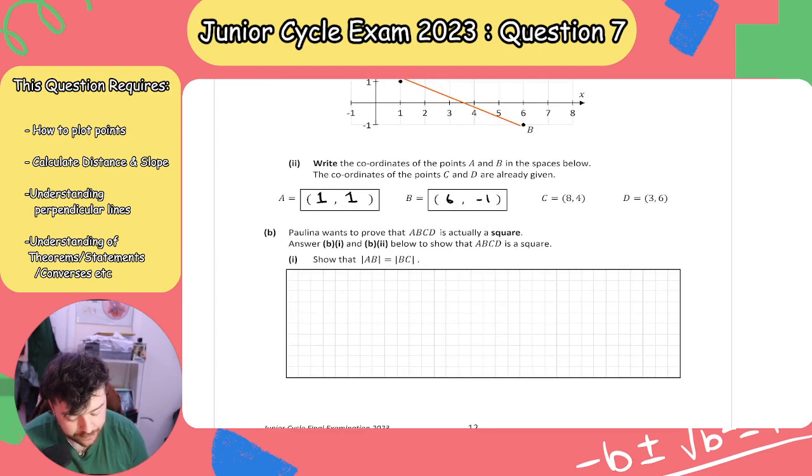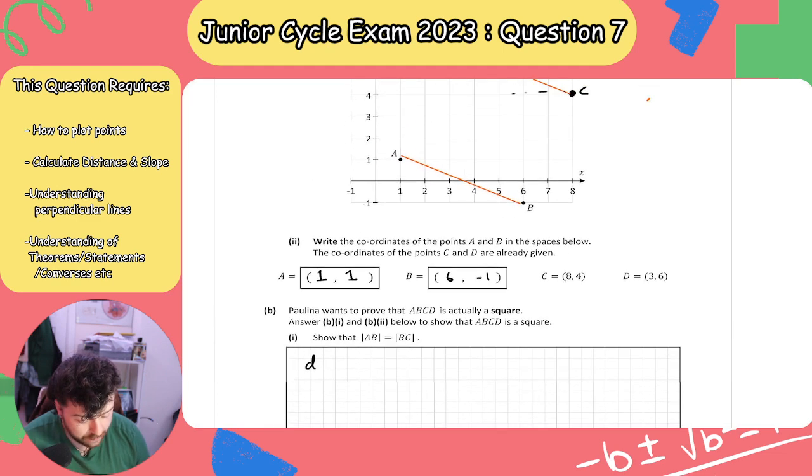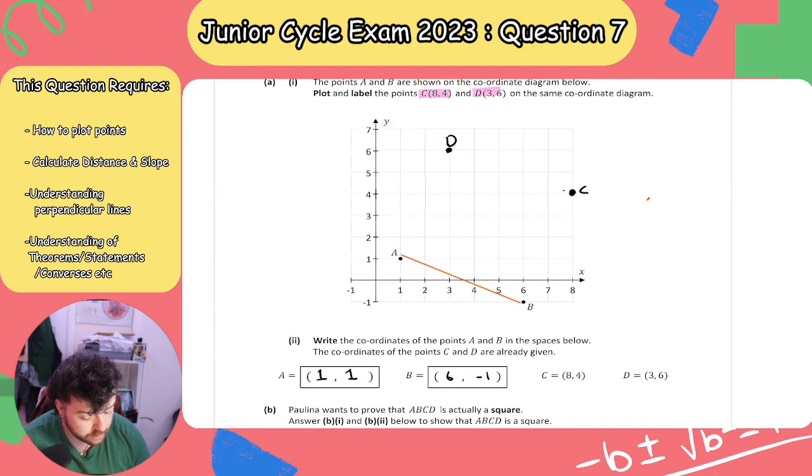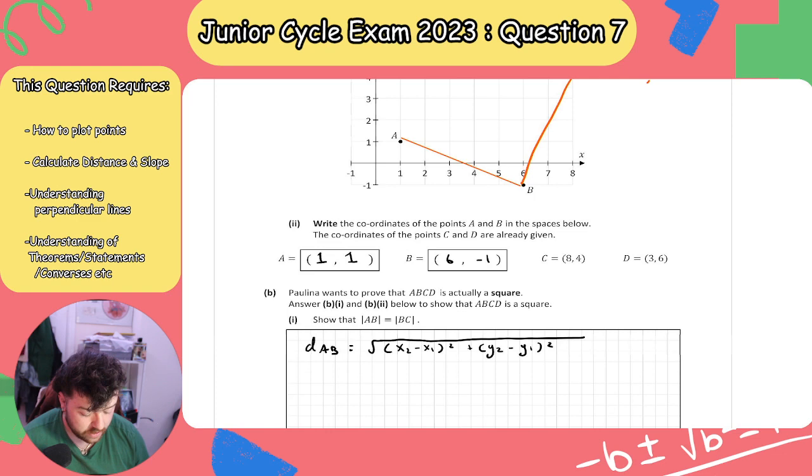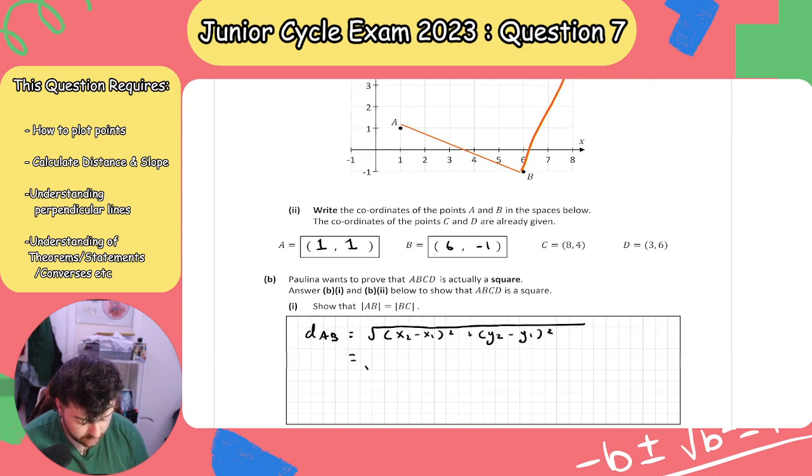So I'm going to do distance AB and BC. Sorry, so we want to prove these sides are equal. Distance AB, so remember the distance formula: square root of x2 minus x1, all squared, plus y2 minus y1, all squared.